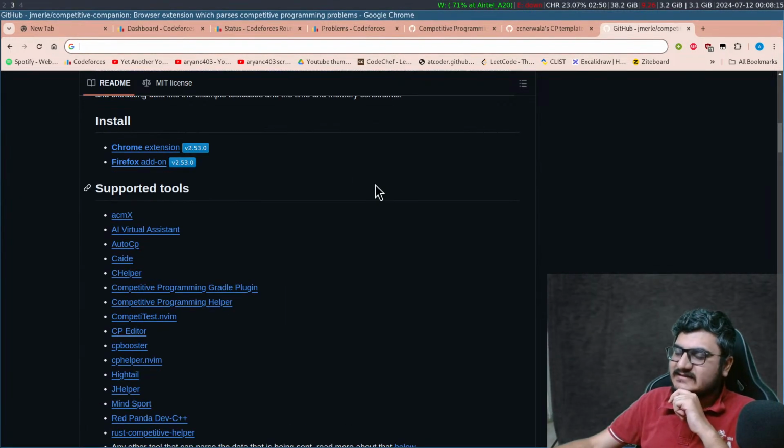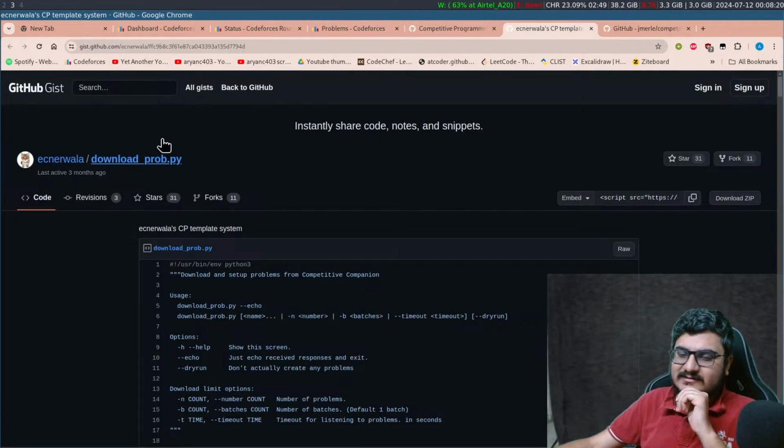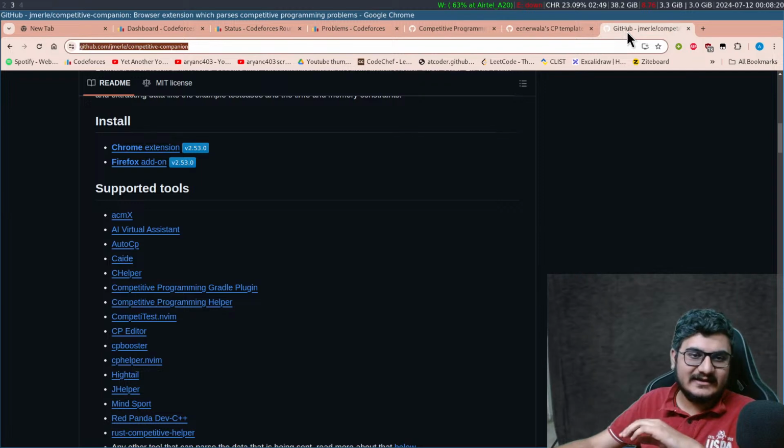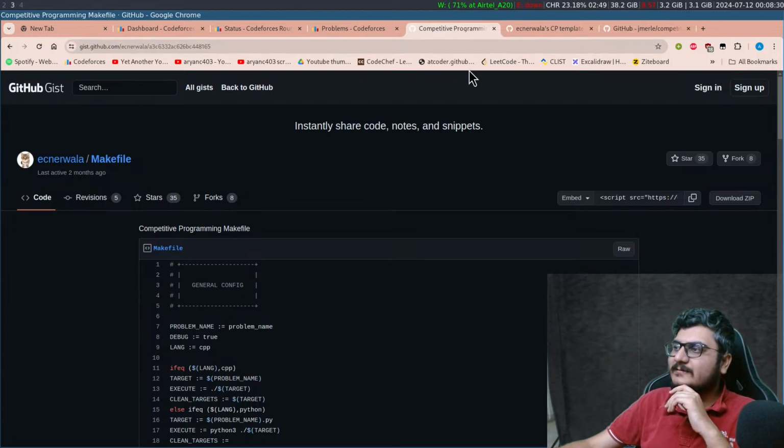This extension is used to parse test cases, and this is the script which looks at the extension and creates a directory with the sample test cases and your template in it. And this makefile I use to test it out.